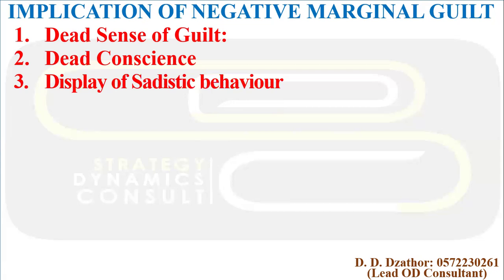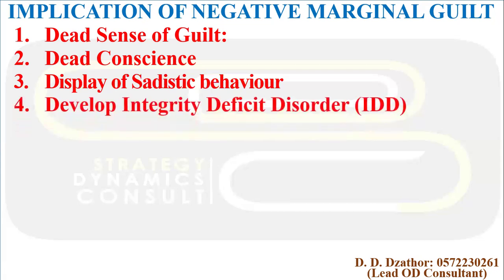Now, these three, when it continues, then the person develops what I call integrity deficit disorder, which is a mental condition that causes people to lose all their sense of integrity. Total loss, absolute loss of integrity in that particular individual.